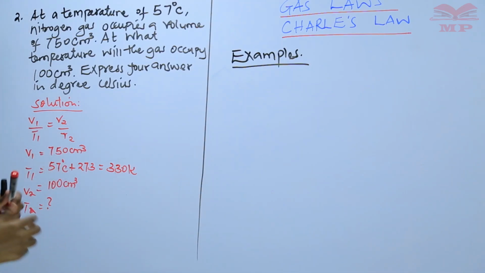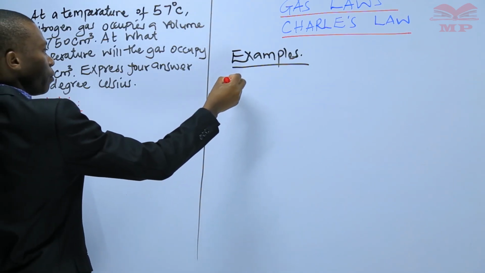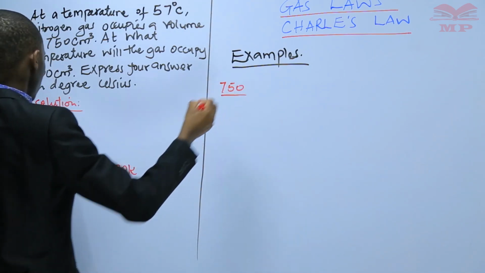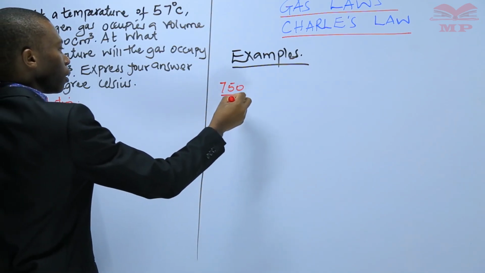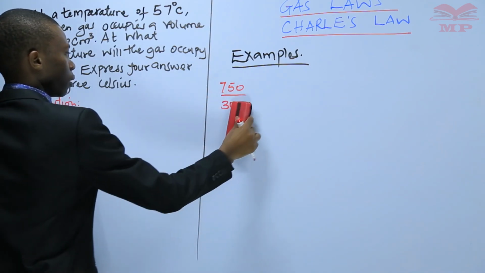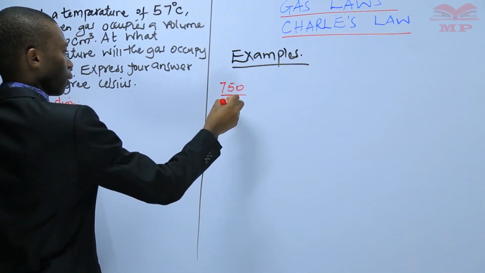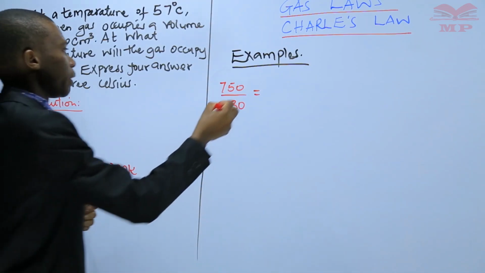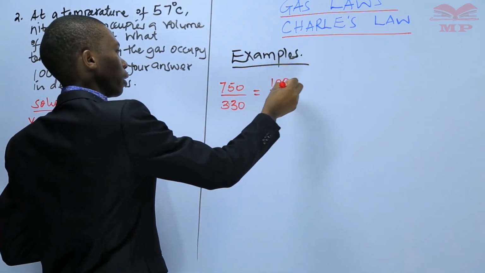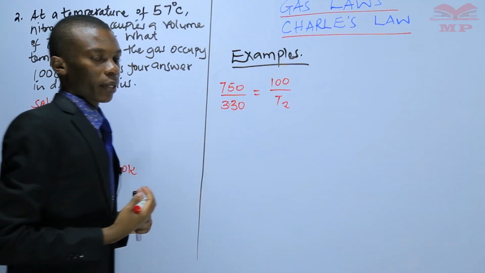And therefore, we just need to substitute into our formula. V1 is 750. T1 is 330. Then V2 is 100. And T2 we don't have, and that is what we are looking for.